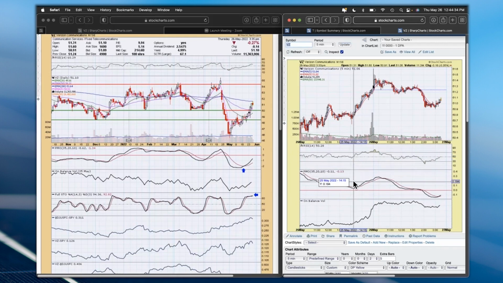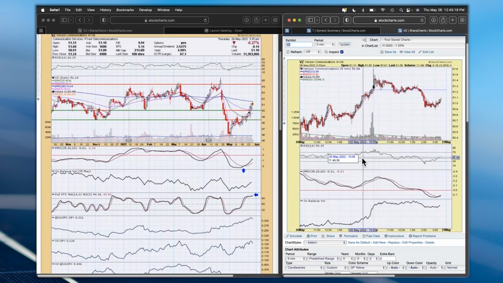You can certainly go in with less conservative entries, looking at just when the PMO bottoms or when the RSI gets positive, but I find that by waiting for those conservative entries, you usually find a little bit better success.